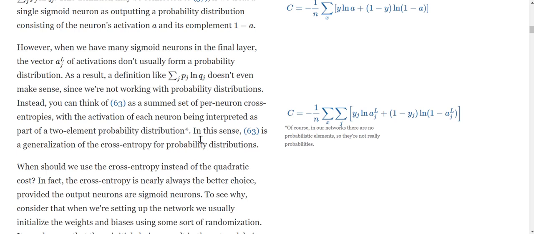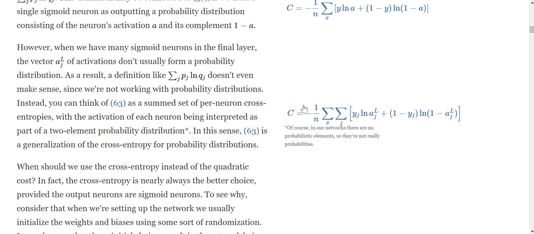Okay, again, this was a lot to take in, but I'll try to break it down for you. When we have sigmoid neurons in the final layer, the outputs are not a probability distribution, right? So as a result, this definition doesn't make sense. We can't apply the concept of probability distributions when we are not even working with probability distributions.